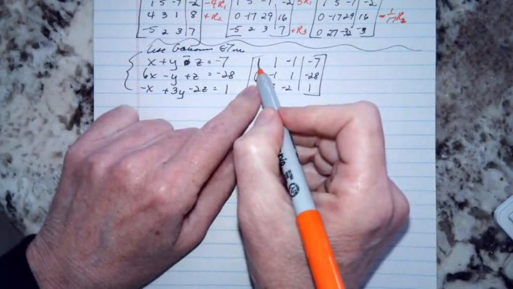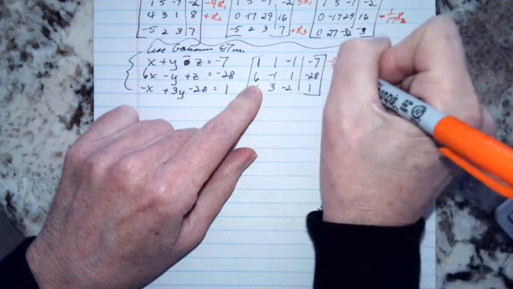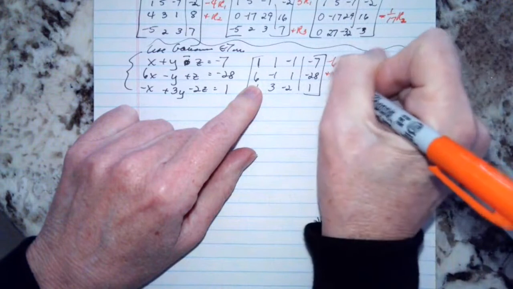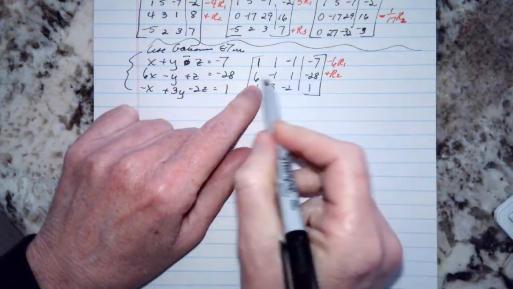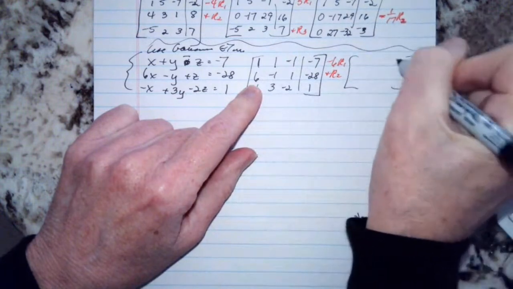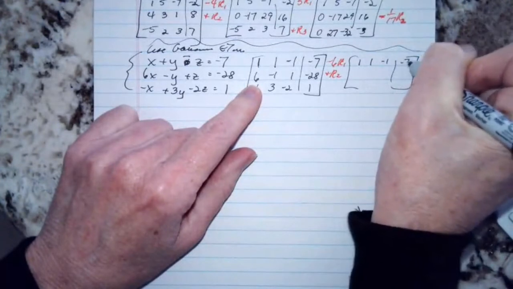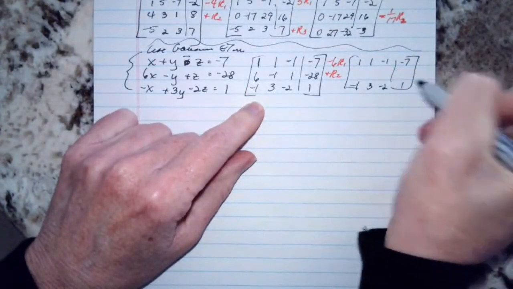You're going to build off of the 1. I'm going to multiply times the opposite of that. 6, his opposite is -6. So I'm going to say -6 times row 1 plus row 2. We're changing row 2. We're creating a 0 there. So if we are changing row 2, row 1 will not change. Row 3 will not change.